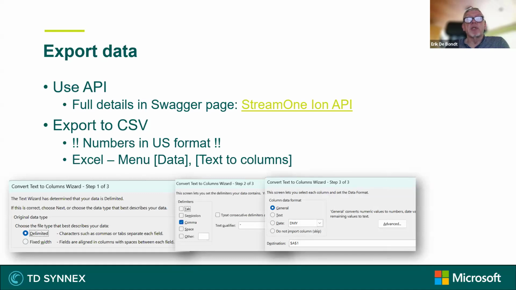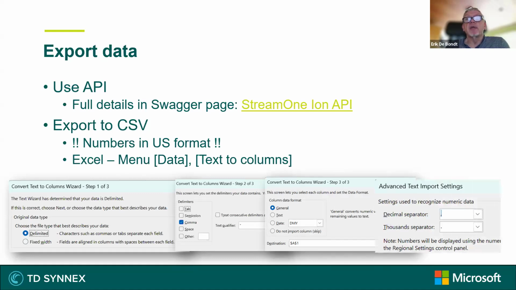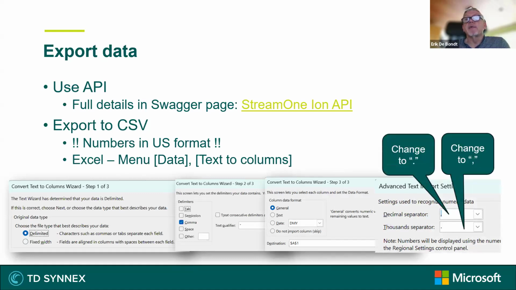Convert, that is not important; it's the advanced button. You need to click there and change the decimal separator to a point and the thousand separator to a comma to get the correct numbers. Otherwise, you will get billions and billions of revenue, which is something I would like you to have, but it's not really realistic.